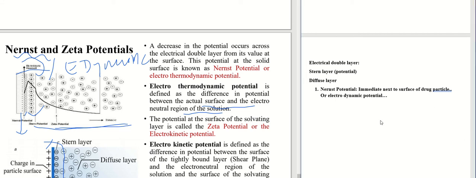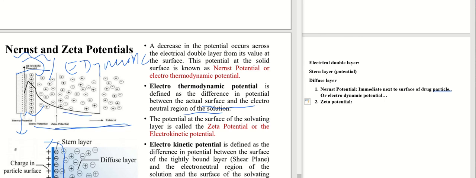And the next important potential is zeta potential. It is really very important. We should always make sure that zeta potential should be much lesser. If the zeta potential is higher, what does it mean?